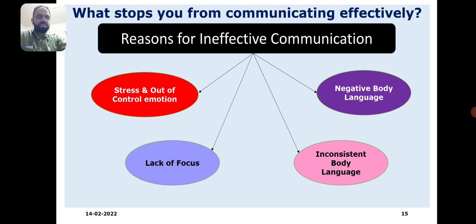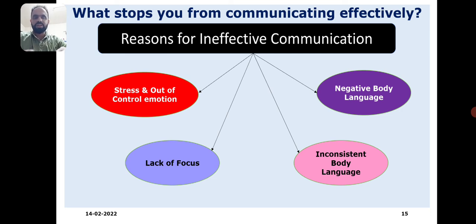Then, inconsistent body language. In the non-verbal communication part, we have seen how important non-verbal communication or body language is, the way you look, the way you present yourself. If the things you say and your body language do not go along very well, the communication becomes a failure.